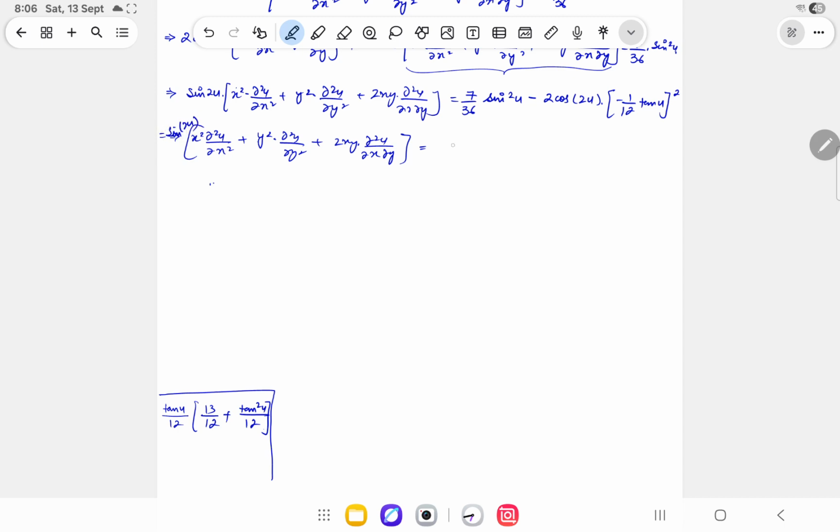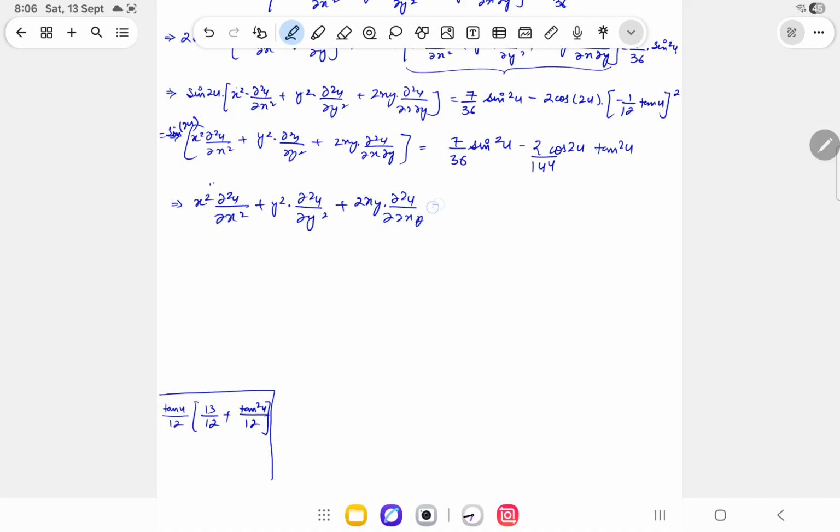So this thing is equals to 7 by 36 sin square u minus 2 cos 2u into 1 by 144 tan square u. So if we take sin 2u on other side, we'll get x square into del square u by del x square plus y square into del square u by del y square plus 2xy into del square u by del x del y.